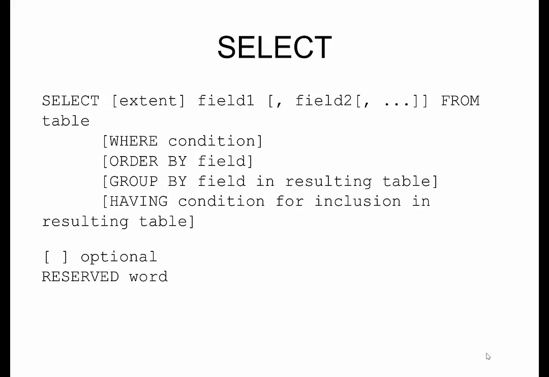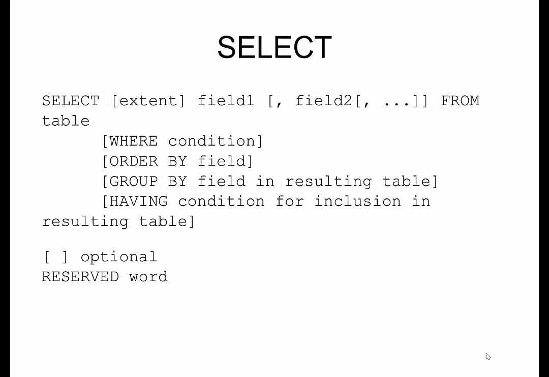And this is the general syntax of the select statement. It's probably not hugely apparent to you what these mean, although you may or may not be used to reading these kinds of statements. Basically, it's telling you all the things that you can do in a select statement.